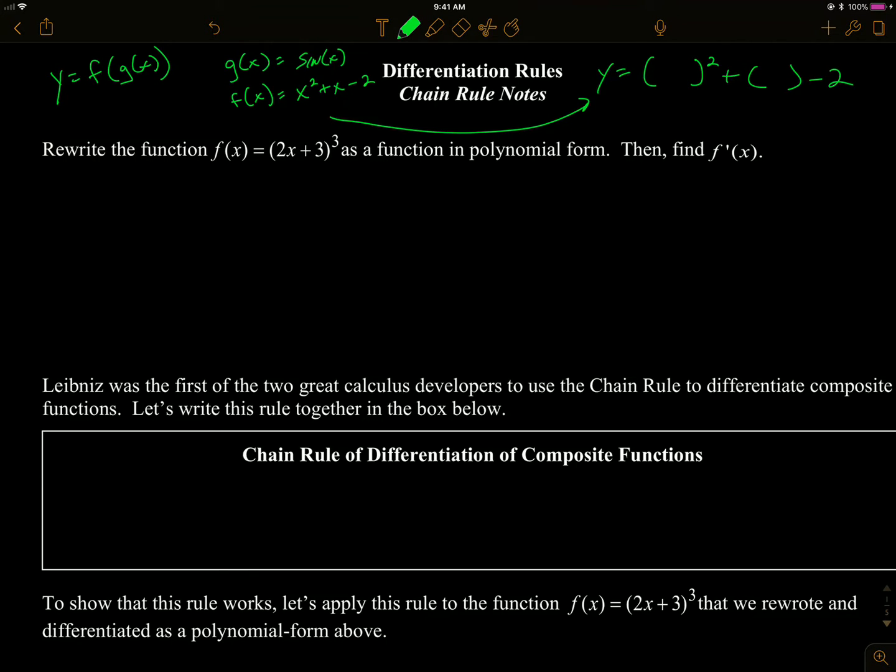I'm just going to plug g of x inside of f. So I'd have sine of x squared plus sine of x minus 2. That's what a composite function is.